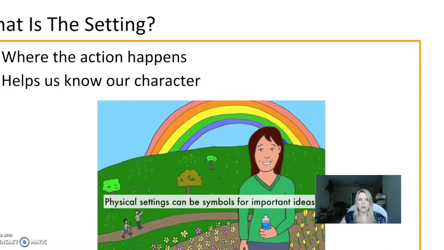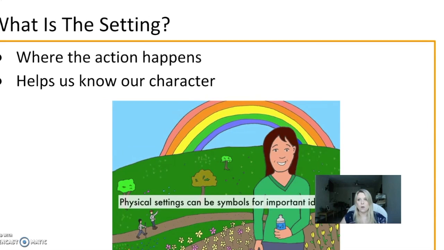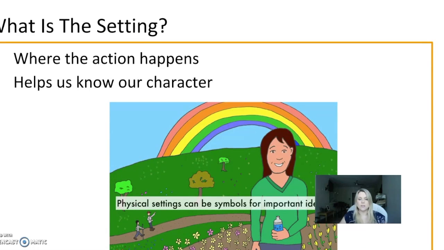So now we're going to find out what is the setting. So the setting in the story is where the action happens. The setting is going to be your big where. So this is going to tell you a little bit about your character as well. It's going to help set that stage for the character.